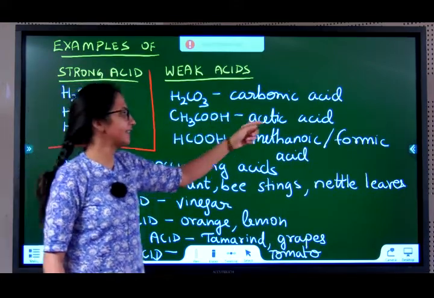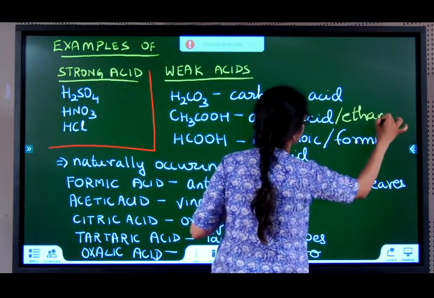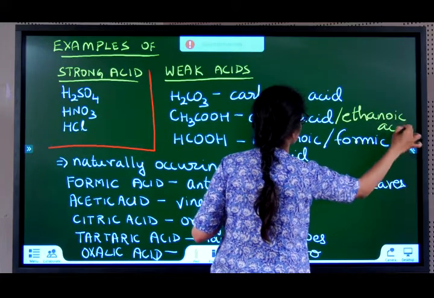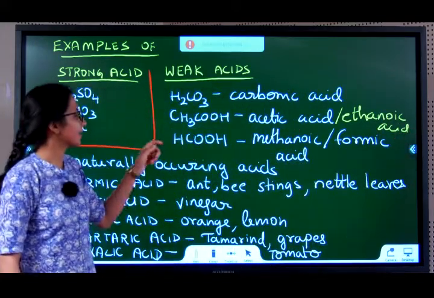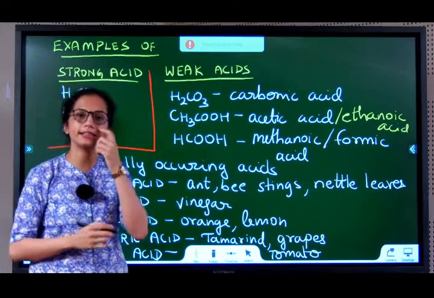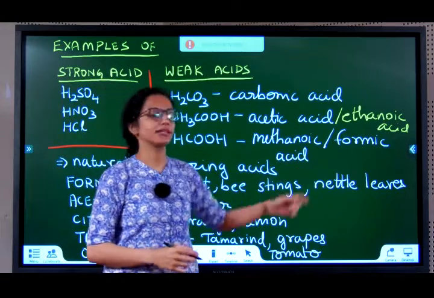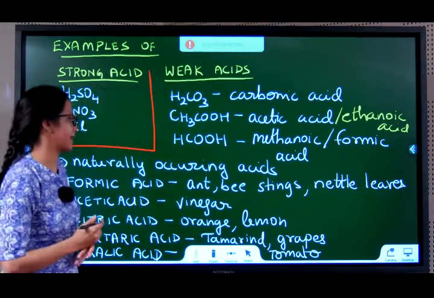CH3COOH, acetic acid, also called ethanoic acid. Weak acid, HCOOH. You will learn CH3COOH and HCOOH in detail in the carbon and its compounds chapter. HCOOH, methanoic acid, also referred to as formic acid.